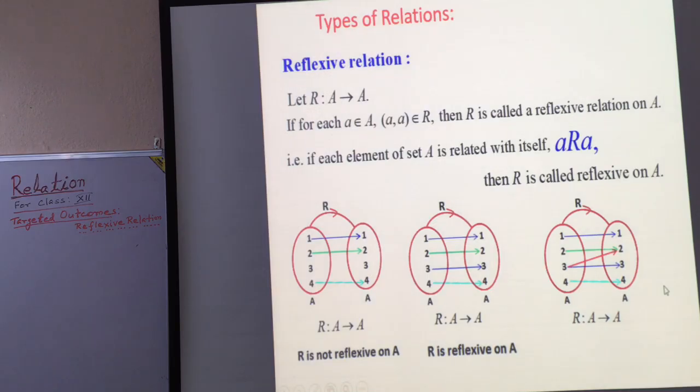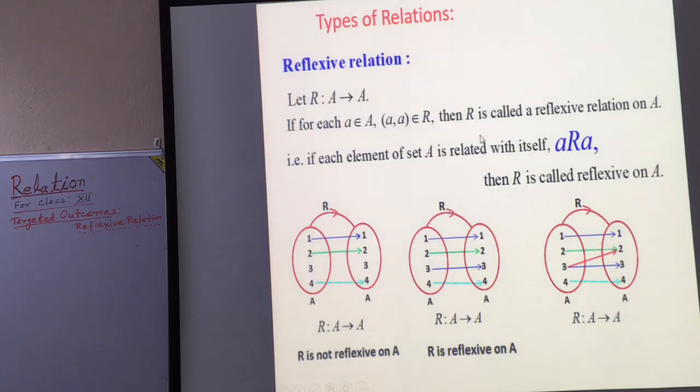The definition does not say that any element may not be connected with some other element. It may be possible that elements of set A may be connected with some other elements of the set A. It does not affect our definition.